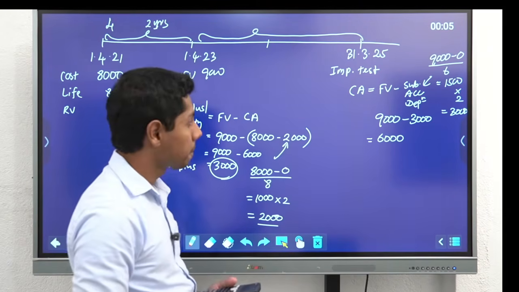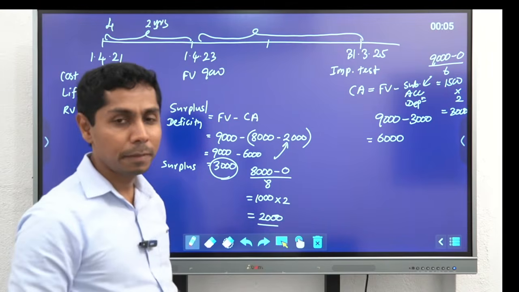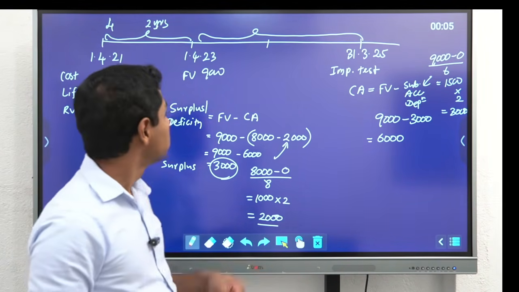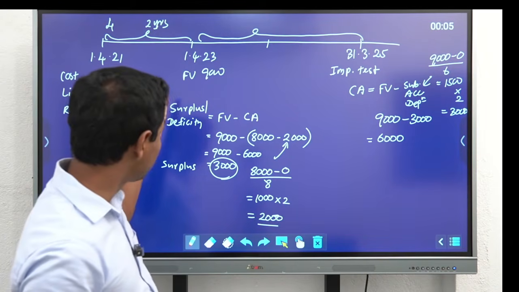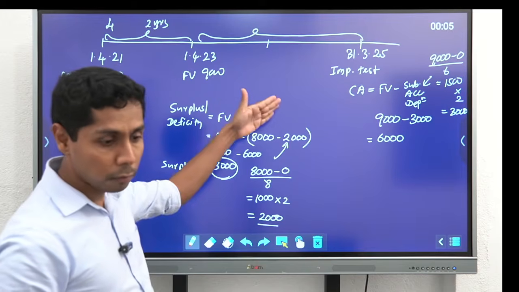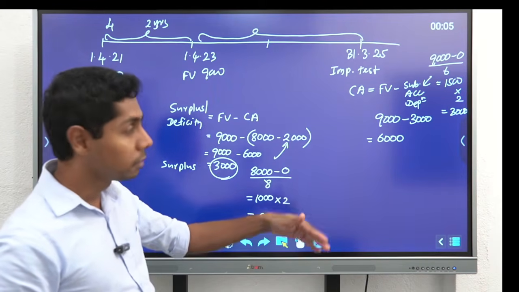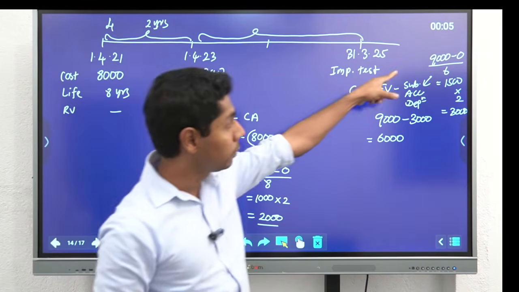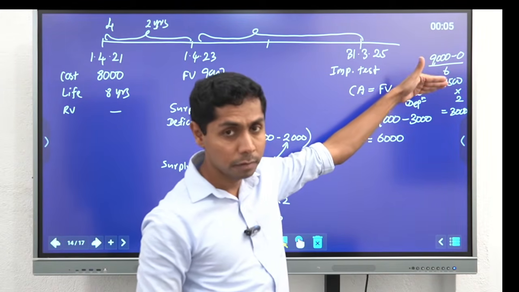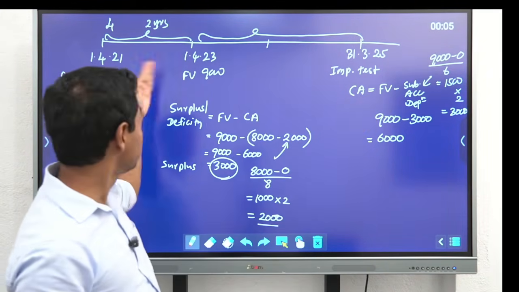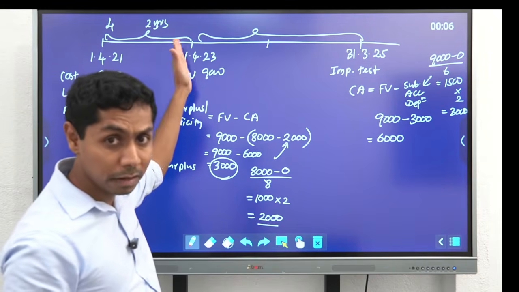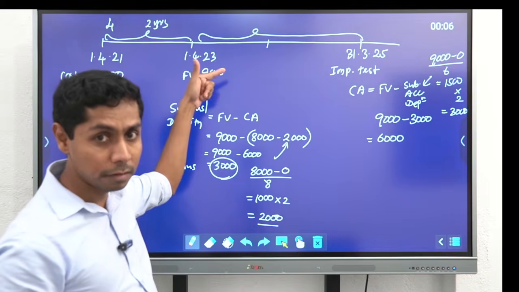That is basically the PPE applications, right? Revalued here, we found the surplus of 3,000, and then after the revaluation we wanted the accumulated depreciation. So it was depreciated based on the fair value minus residual value divided by remaining life. Total life 8 years, 2 years have gone as of this date, so the remaining life is 6 years, 8 minus 2.